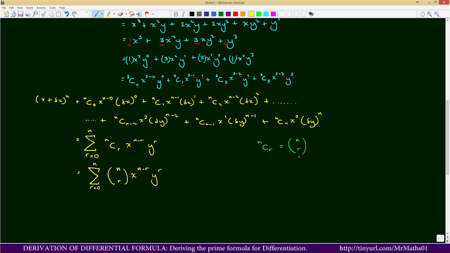And for those who are interested in this combination formula, that is actually equal to n factorial divided by r factorial times n minus r factorial. You might want to Google the topic of combination to understand what that is.